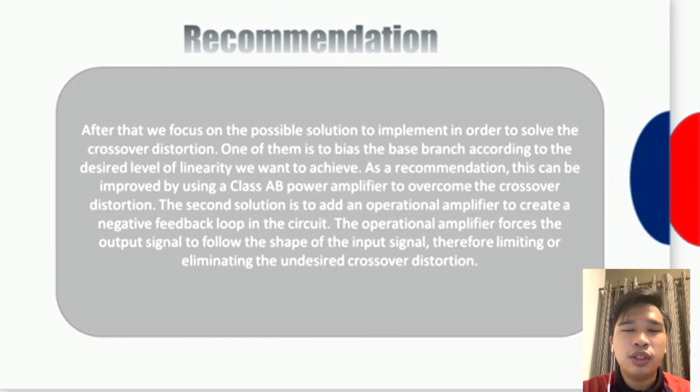The second solution is to add an operational amplifier to create a negative feedback loop in the circuit. The operational amplifier forces the output signal to follow the shape of the input signal, therefore limiting or eliminating the undesired crossover distortion.